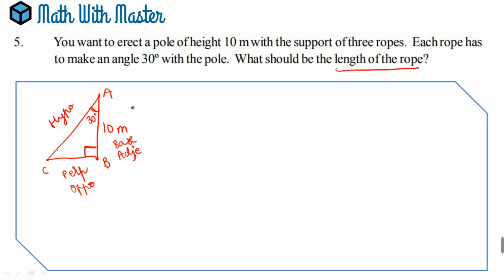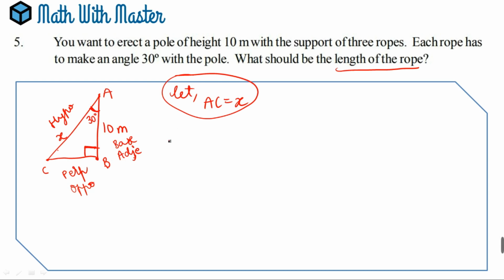So what we have to find is the hypotenuse. So we will let AC equal X. So this is X. So the length of the rope, which is AC, the hypotenuse for angle A, is X.